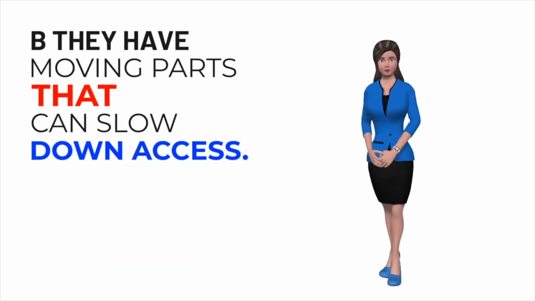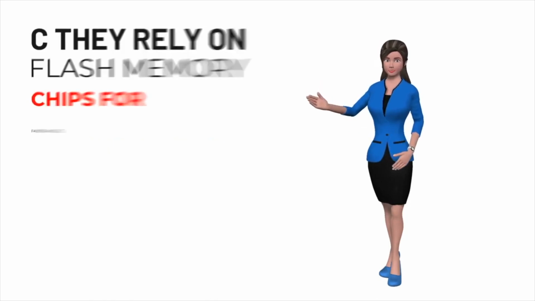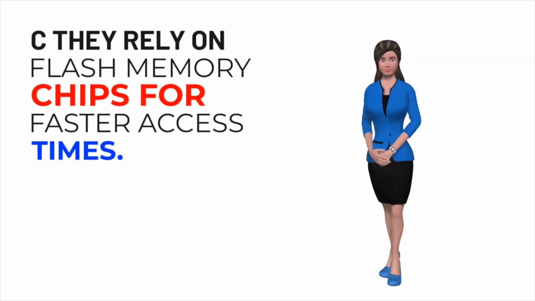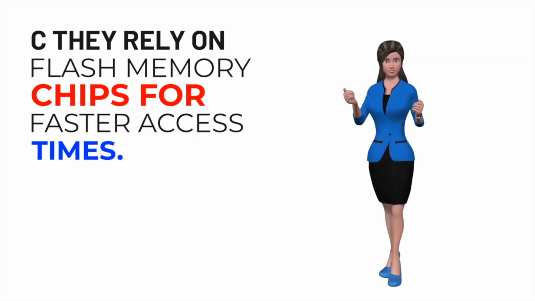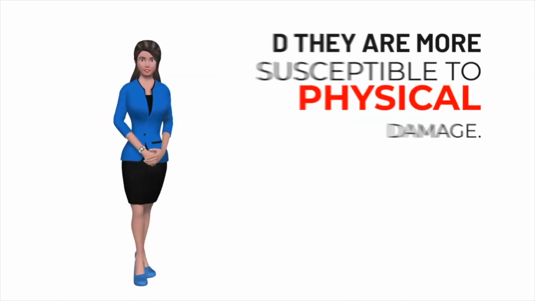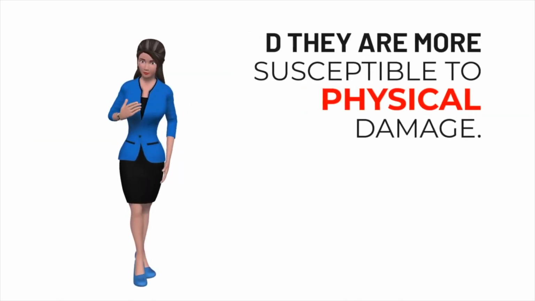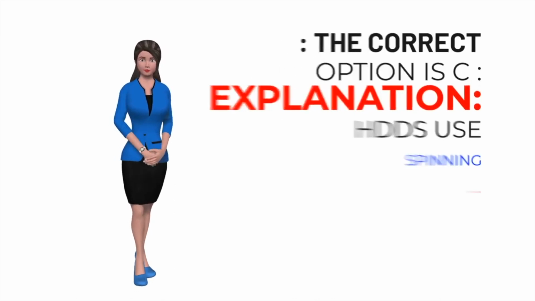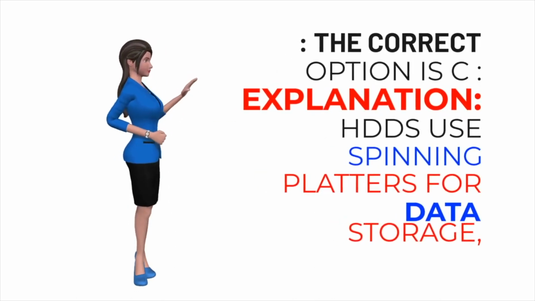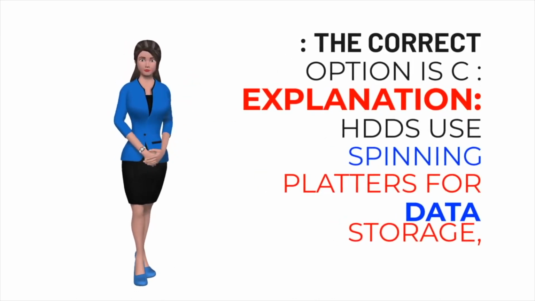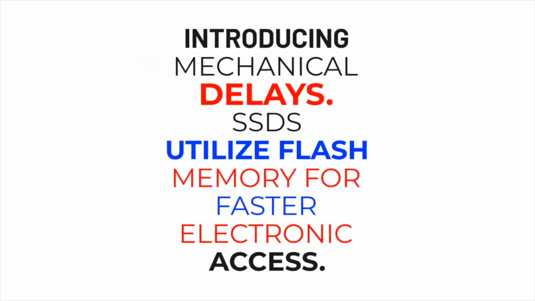D. They are more susceptible to physical damage. The correct option is C. Explanation: HDDs use spinning platters for data storage, introducing mechanical delays. SSDs utilize flash memory for faster electronic access.